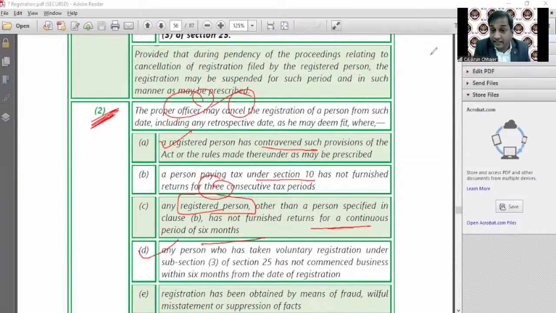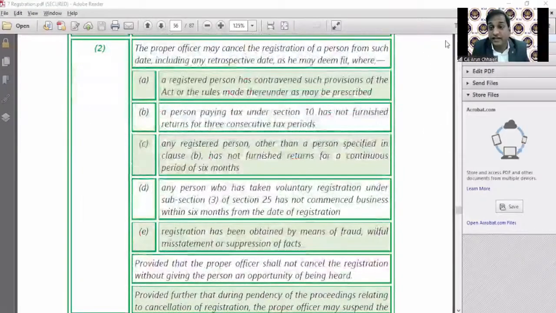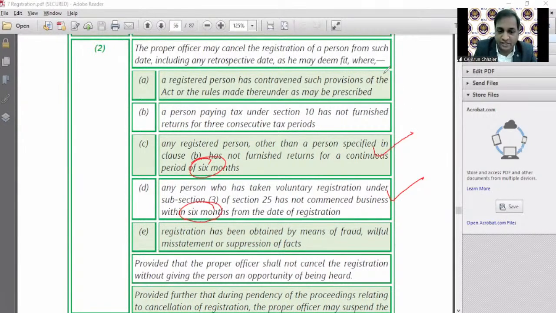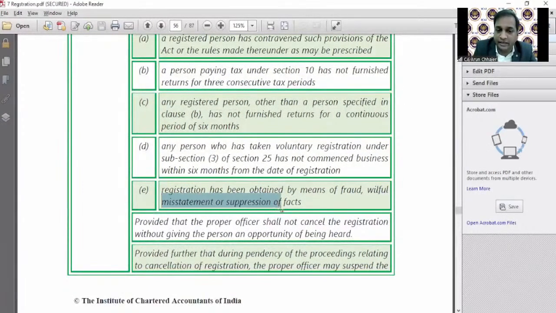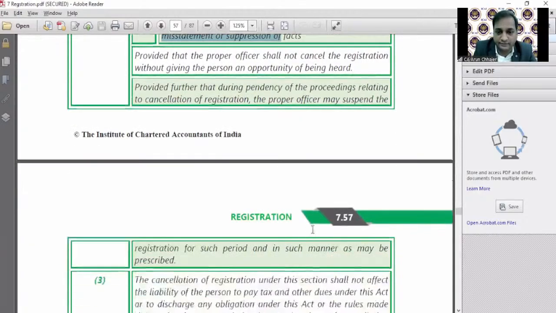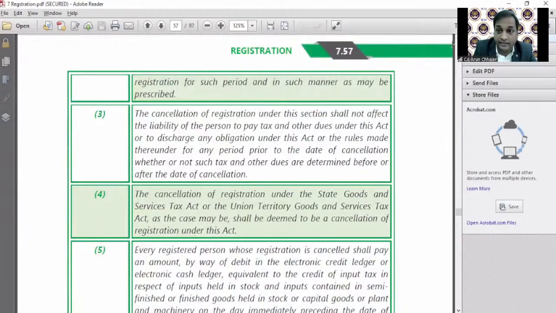If I have taken voluntary registration, then I have not started the business in 6 months. So the difference is 6 months, voluntarily taken the registration. My liability was not to take the registration, but still I have taken, correct? Then I have not started the business within 6 months, and registration has been obtained by means of fraud or willful misstatement. Fine.